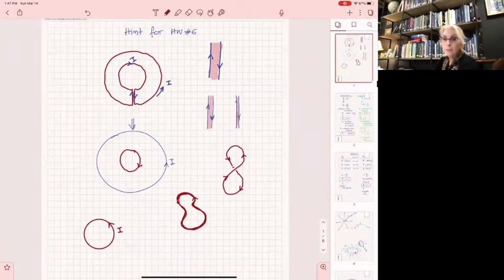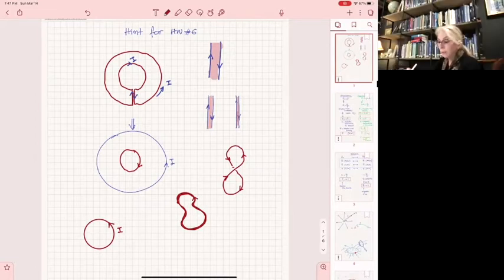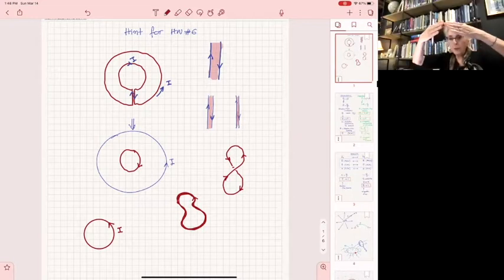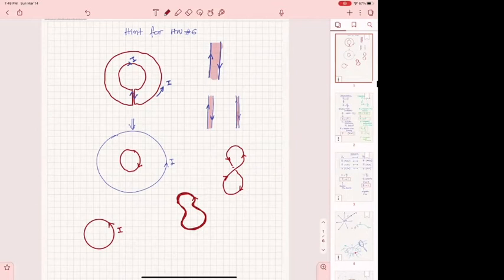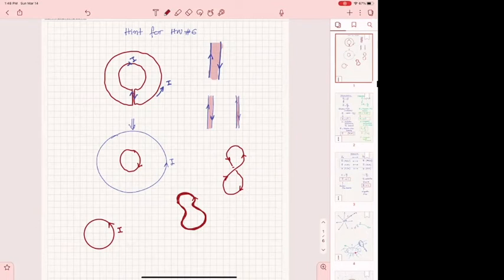Would you not draw it the way I did? Because if you draw it separately, then at some point the two currents will hit each other. That's not true. That's not good. That makes sense. Okay.